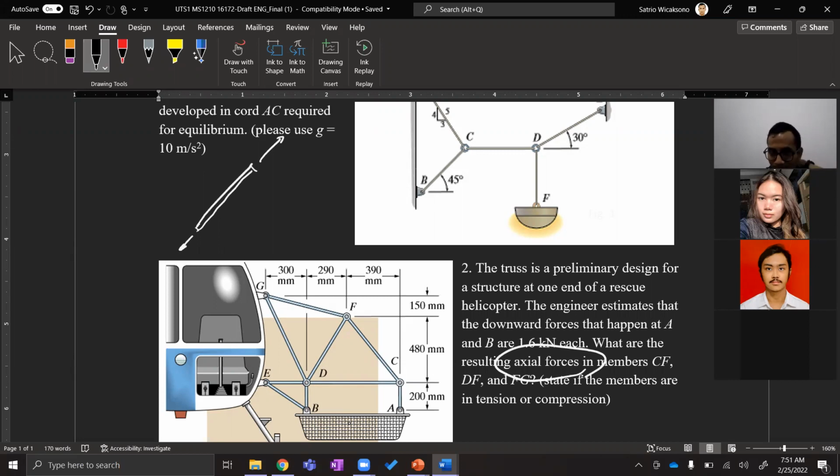So it's just force that's acting on the member. Yeah, correct. In a truss member, it's always axial force. Later, at the end of this semester, you will learn about other types of force, which are not axial, which are not in the same direction as the member.